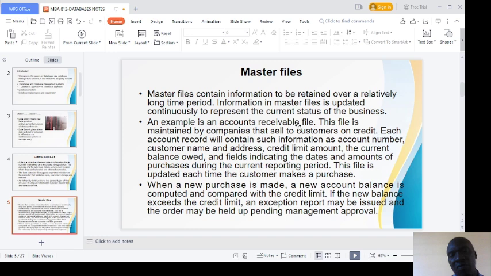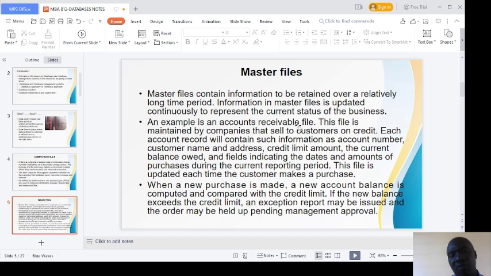Now, this holds the records like account number, customer name, address, credit limit amount, etc. This information is retained for quite a long period of time because it is assumed that your customer will stay with the business for quite a long time.